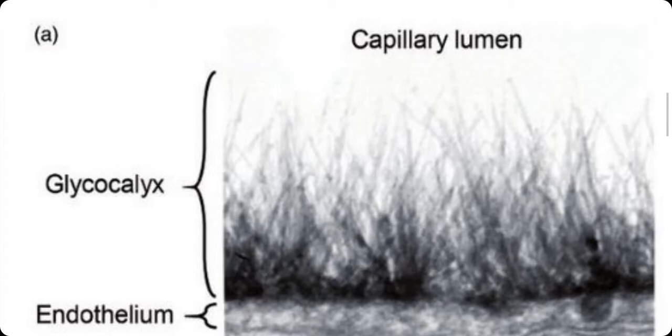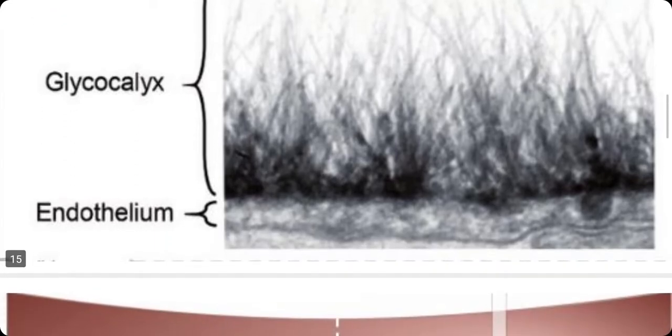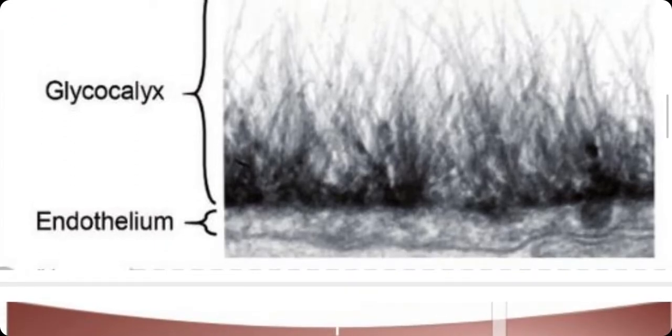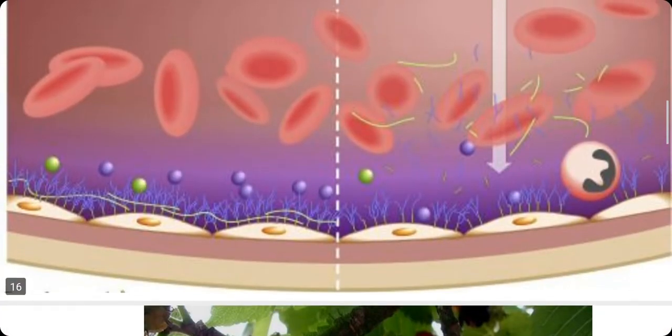Normally, inside our blood vessels, we have such a structure, okay, look here. We have blood with erythrocytes, with other blood cells, and inside we have a layer of epithelium.